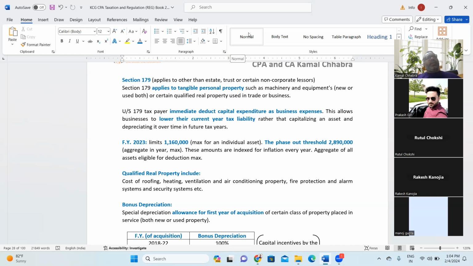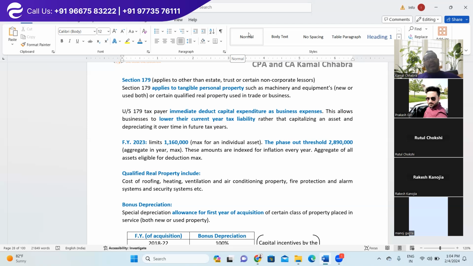The second thing is that this depreciation claim will result in a business loss, right? And that business loss can be carried forward infinitely. So that is the additional benefit that organizations get for making investment at such places.